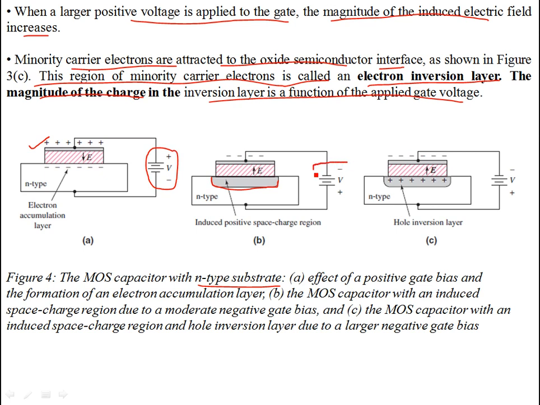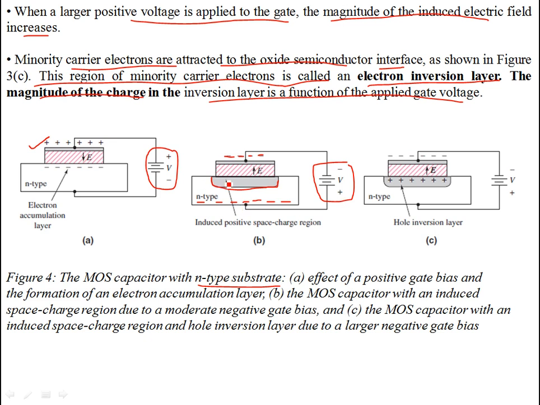But if you reverse the polarity, the metal plate gets the negative charge, and since the majority carriers for the n-type semiconductor are the negatively charged carriers, they accumulate at the bottom of the substrate, which is connected to the positive end of the supply.